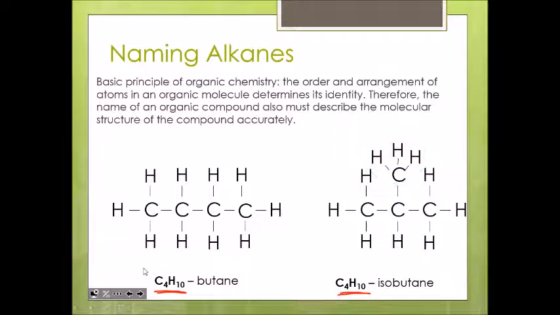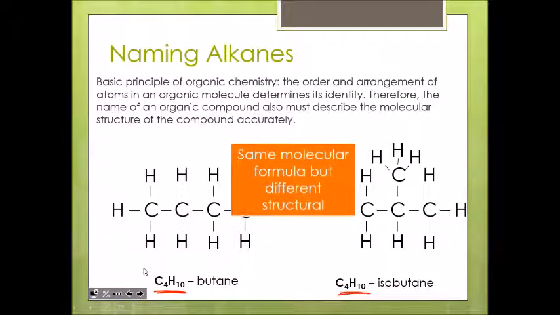All right, why is that? Well, they have the same formula, the same number of atoms, but they have different structural patterns. One has a branch and one is a straight chain. So it's going to be a little bit more difficult here, having to look at these branches versus the straight chains.